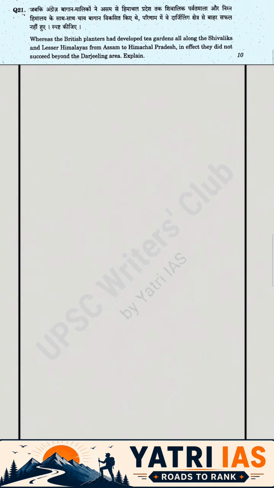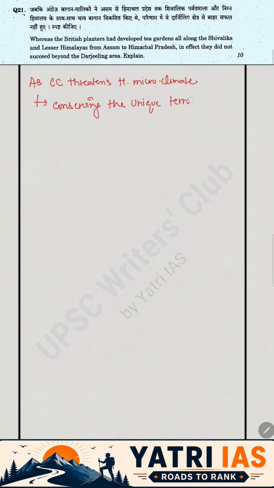And you could connect the question with climate change as well, as climate change threatens the Himalayan microclimate, conserving the unique terroir which we discussed before. We need to conserve the unique terroir of Darjeeling through sustainable plantation practices.